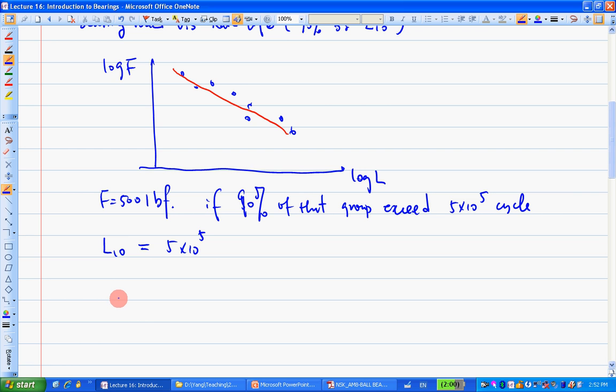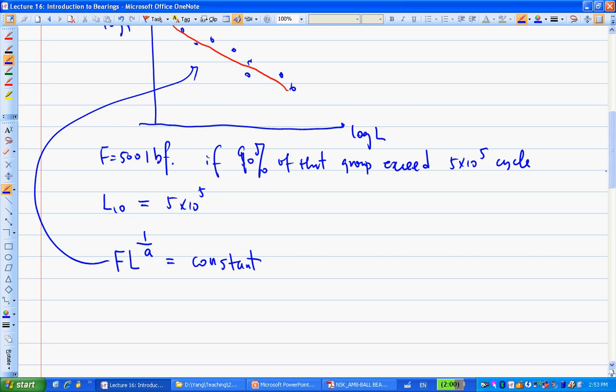If you turn that straight line equation back into normal, not in terms of log, it's F times L to the power of 1 over A equals a constant.